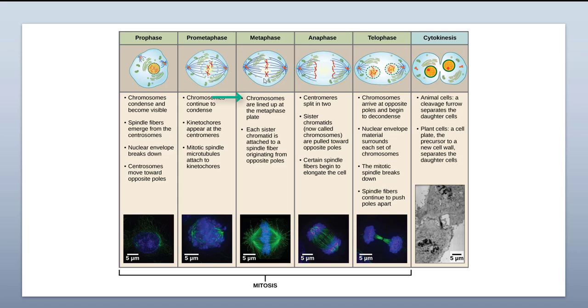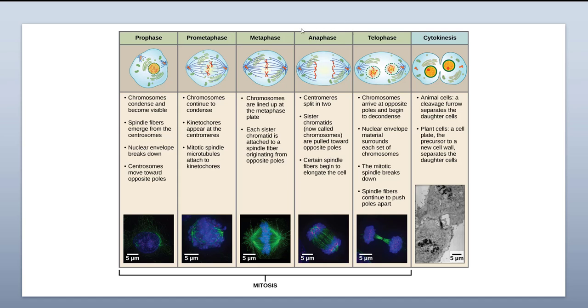These sister chromatids are going to be lined up right along the equator of the cell, which is known as the metaphase plate. And that's it. Basically they're all lined up in the middle. It's really easy to identify that stage under a microscope because you can just see them all lined up right in the middle.